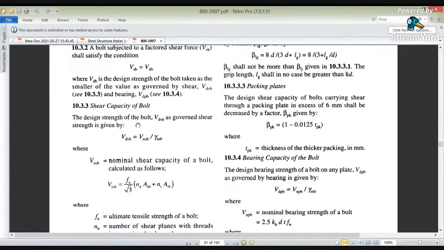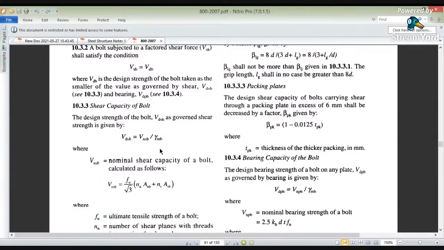The design strength of the bolt as governed by shear strength is given by V_dsb = V_nsb / γ_mb.